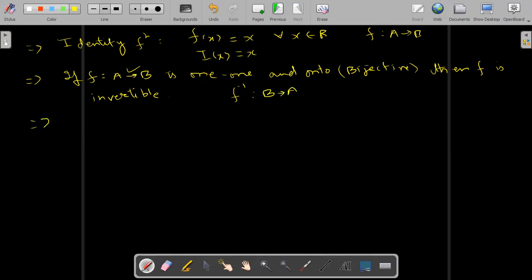Third point, this is an important point. To prove that f is invertible, we can prove one-one and onto, and by using composite functions also we can prove that f is invertible. Suppose f is a mapping from A to B. If only one function is given, you can prove one-one and onto and find its inverse.